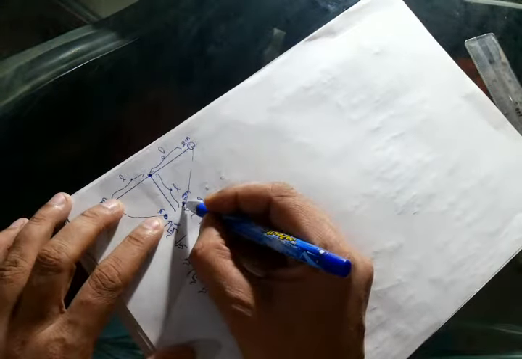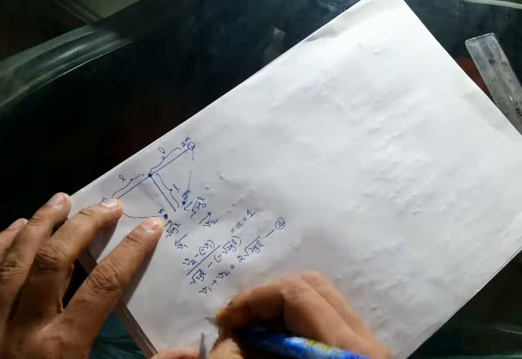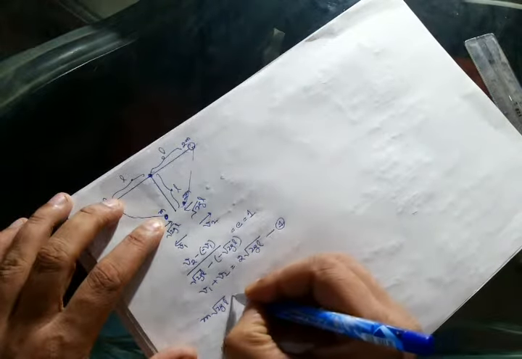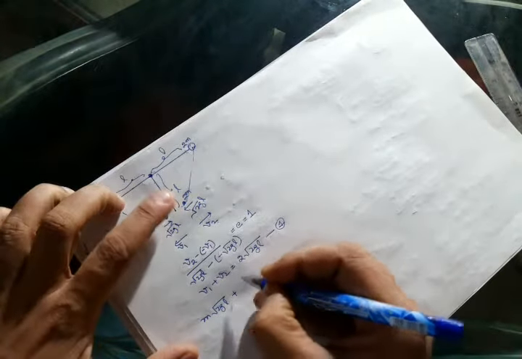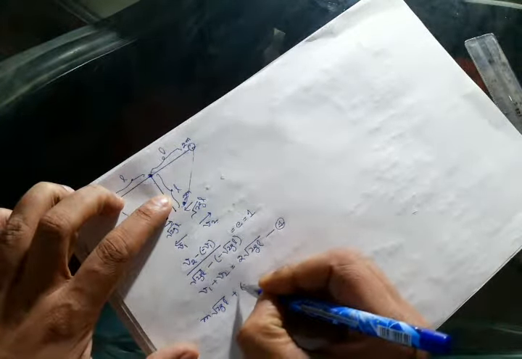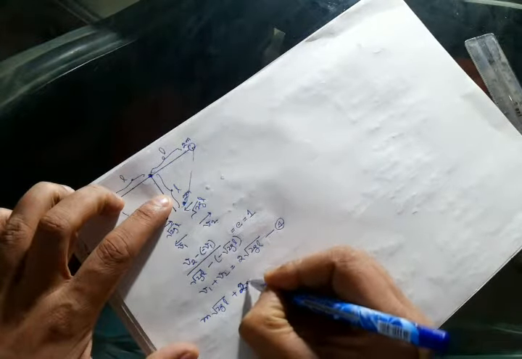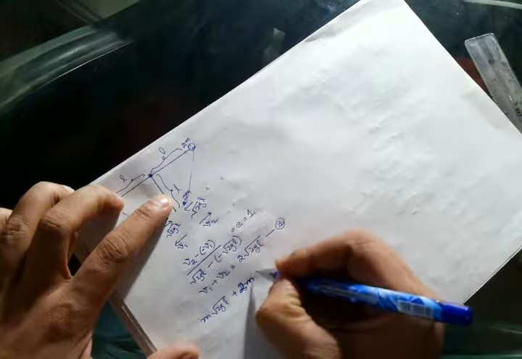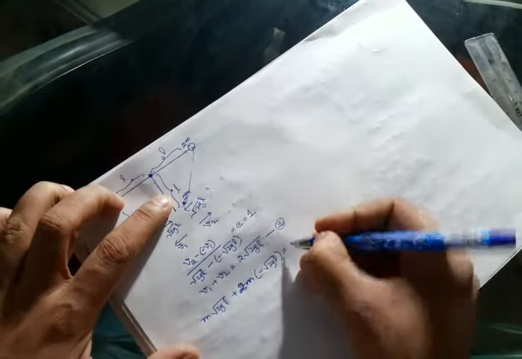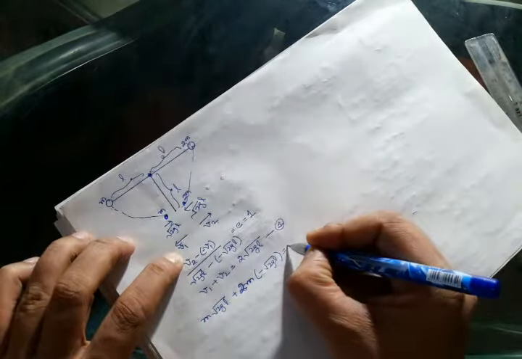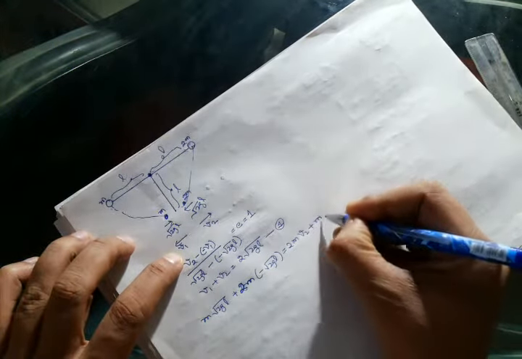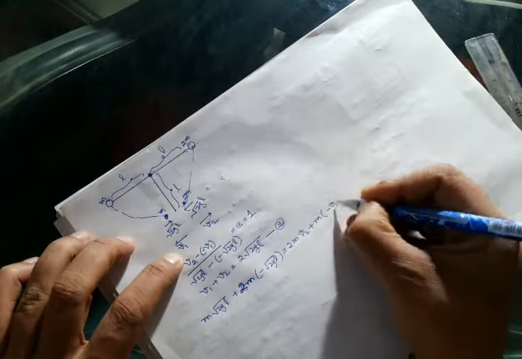Now the linear momentum equation will be m into root 2gl plus, this is initial momentum, 2m and minus root 2gl, as velocity is in opposite direction, and this will be 2m v2 plus m minus v1.